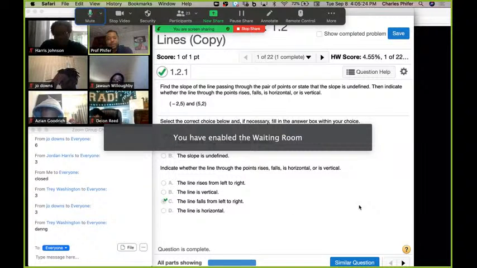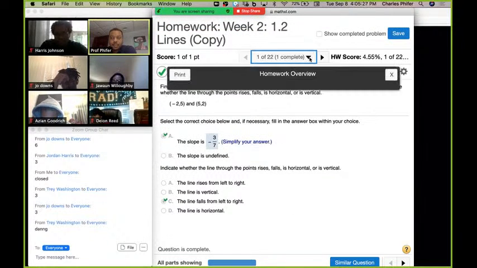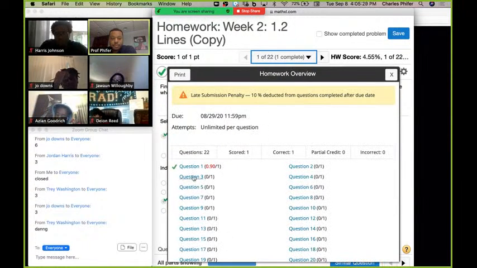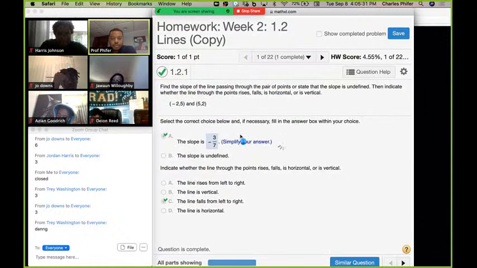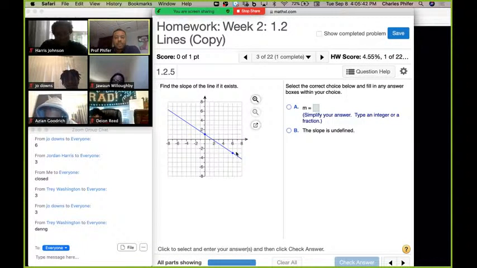Okay. We said number 3, right? Let's go to question number 3. Oh man, you can't be going slow like this. Find the slope, right? We see we have a y-intercept of 1, and then we have this other point. So here, let's just count. All we have to do is count.